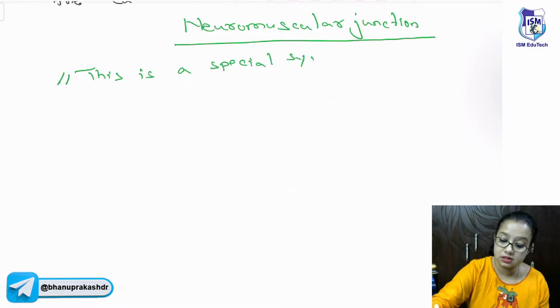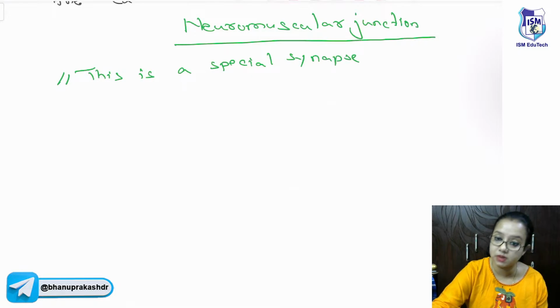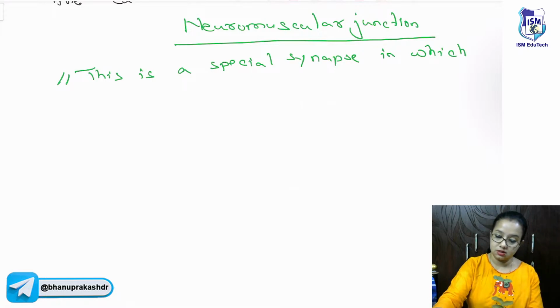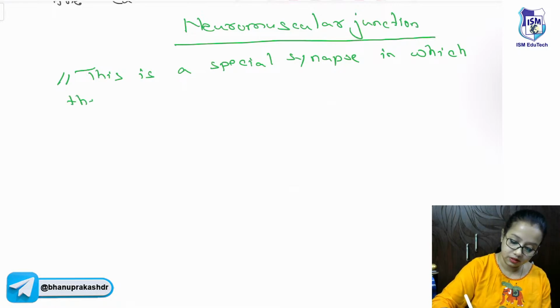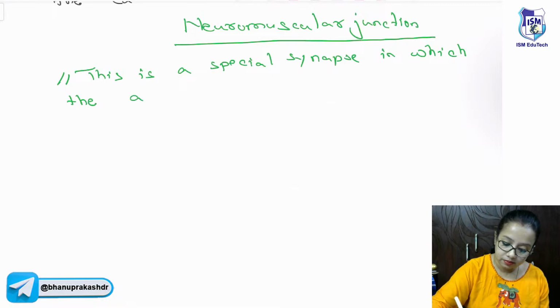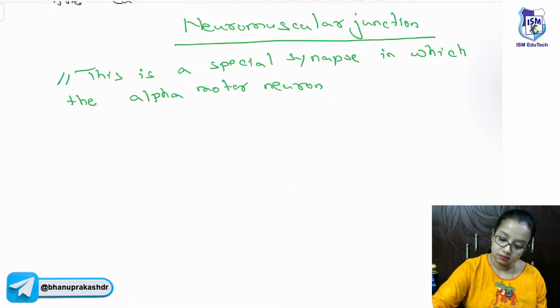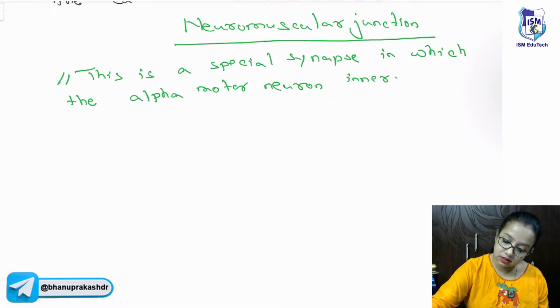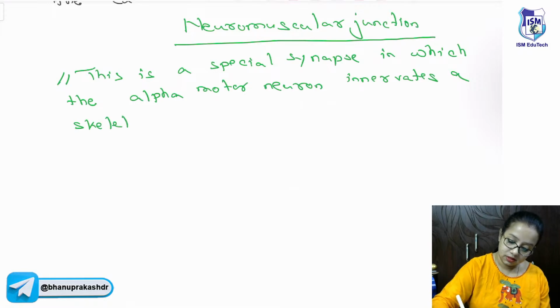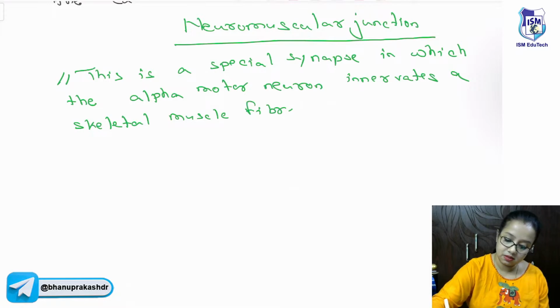This is a special synapse in which the alpha motor neuron innervates a skeletal muscle fiber.